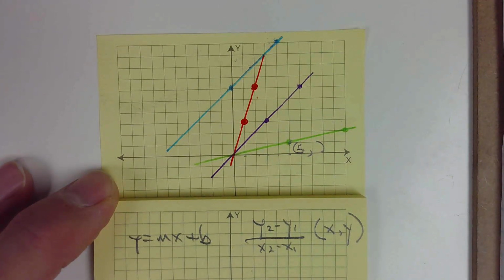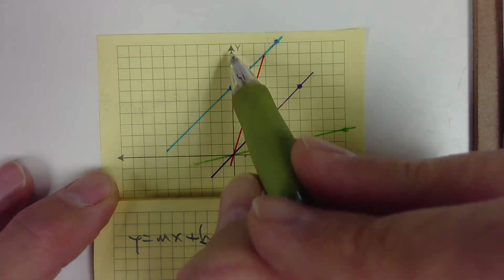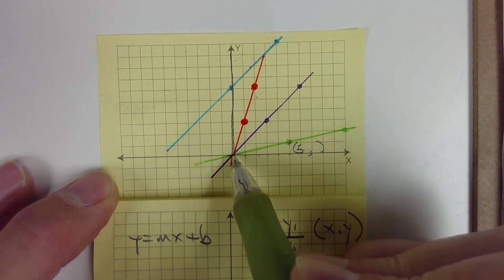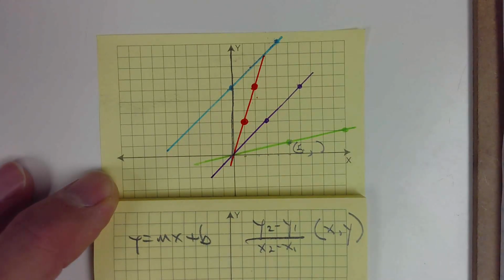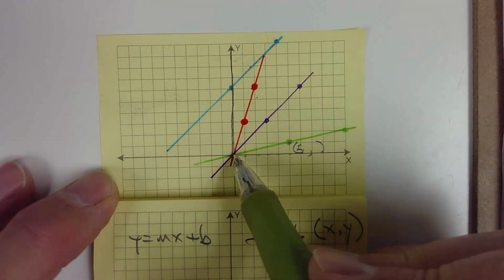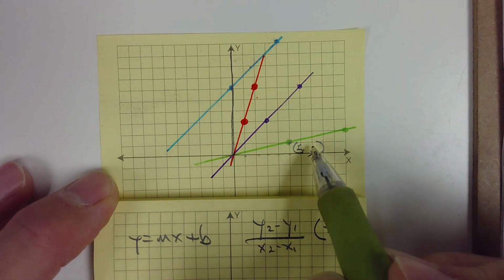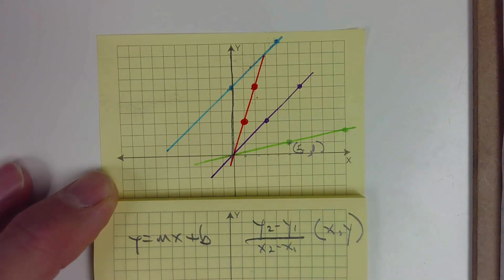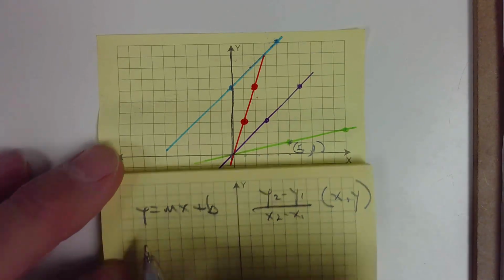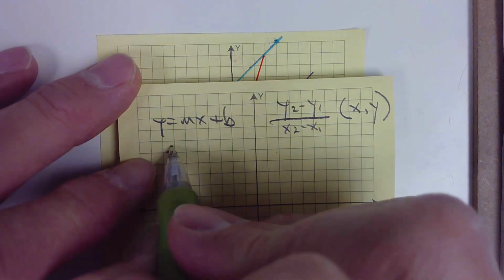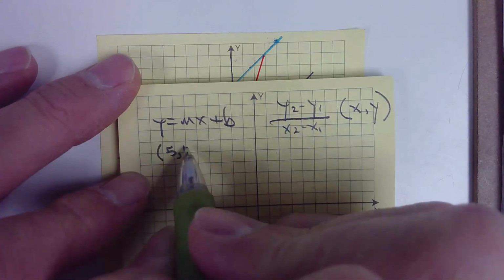What's the y coordinate? This is the y-axis. How far up have we gone to intercept that point? It's just 1. Okay, so there's the coordinates, 5, 1. So I'm just going to put that right here, 5, comma, 1.